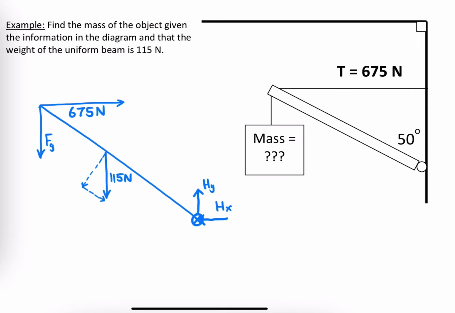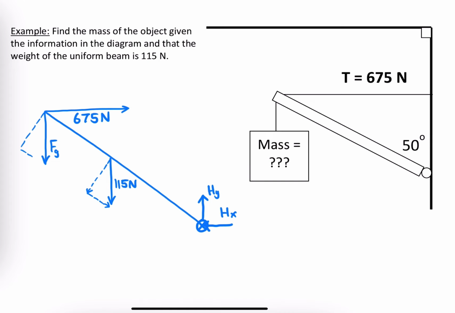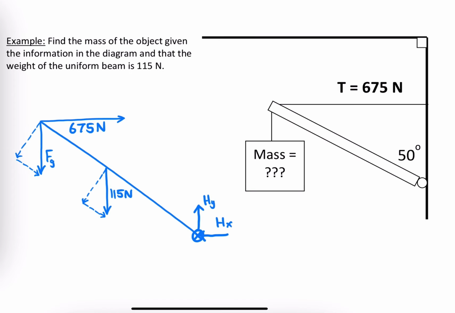One component that is perpendicular to the beam, and one component that is parallel to the beam. And again, with my 675 newtons, one component that is perpendicular to the beam and one component that is parallel to the beam.